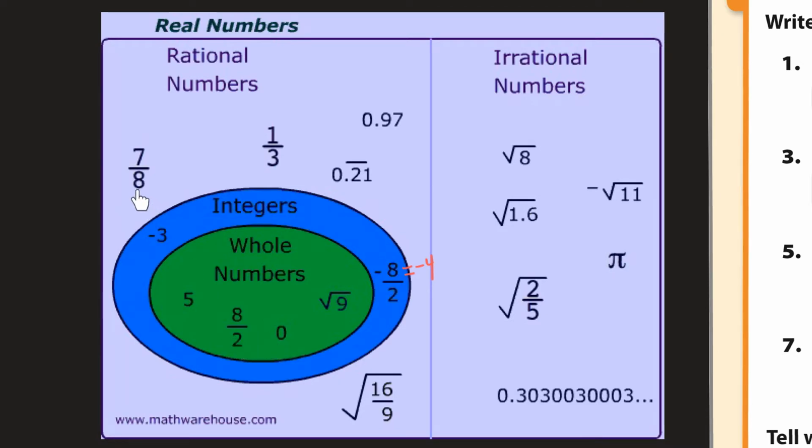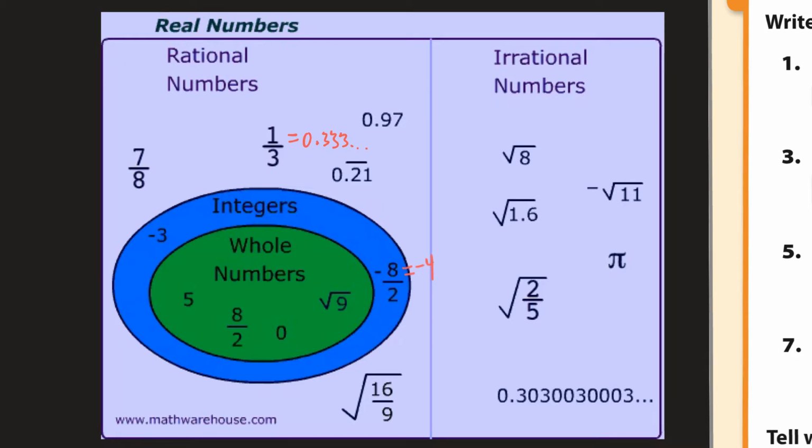And then the rational numbers, like I said before, are a ratio of integers. 7 is an integer, and so is 8. 1 is an integer, and so is 3. And when you divide these, they become specific kinds of decimals. Like 1/3 is 0.333, and that keeps on going.